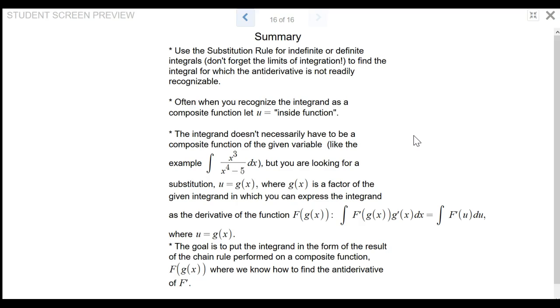The dx and every factor needs to be in terms of u. And also with definite integrals, don't forget to put the limits of integration in terms of u as well by evaluating your substitute function u at the original limits of integration.